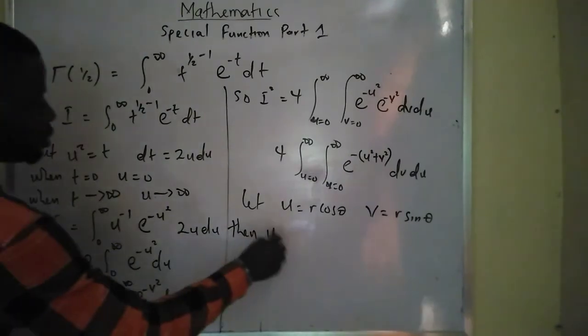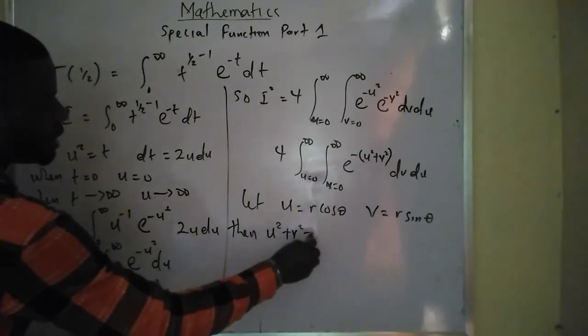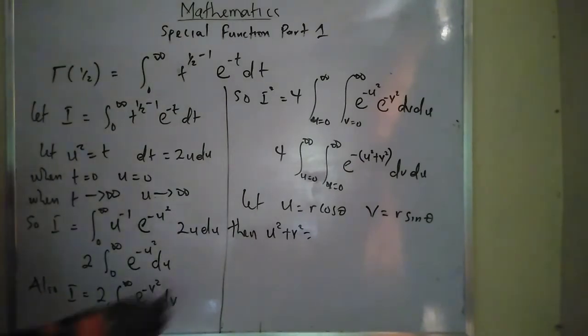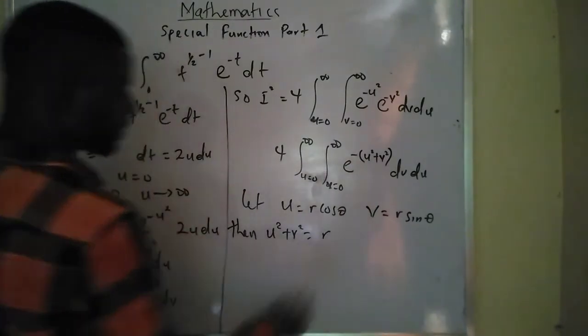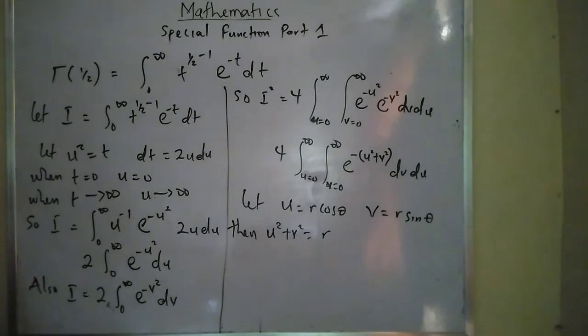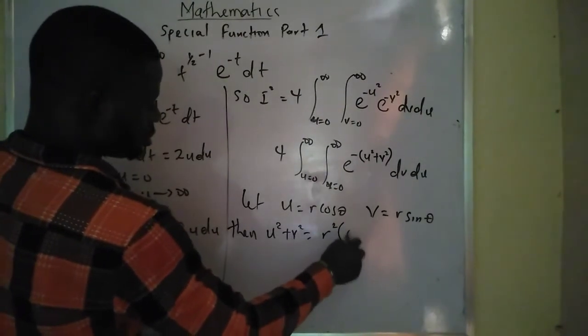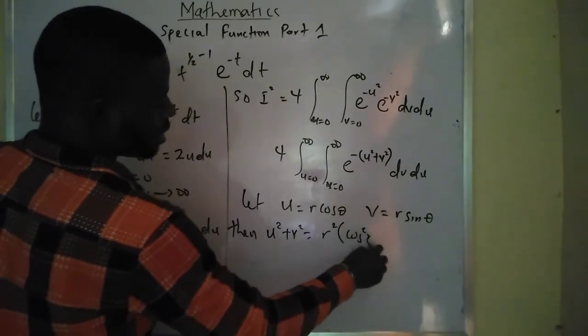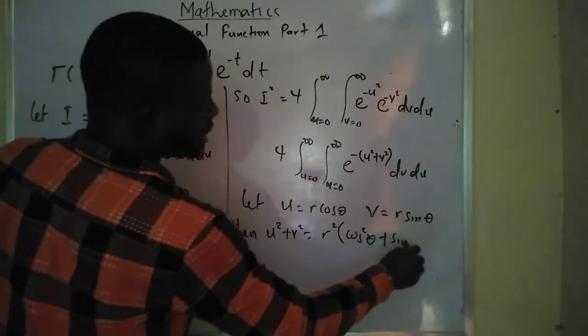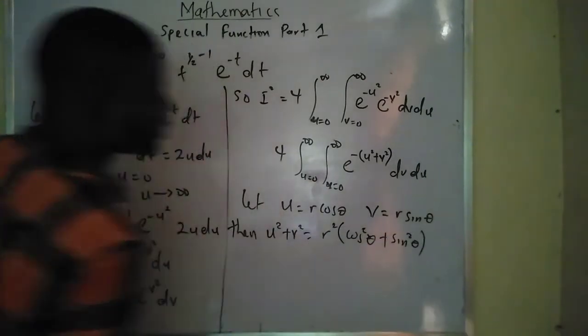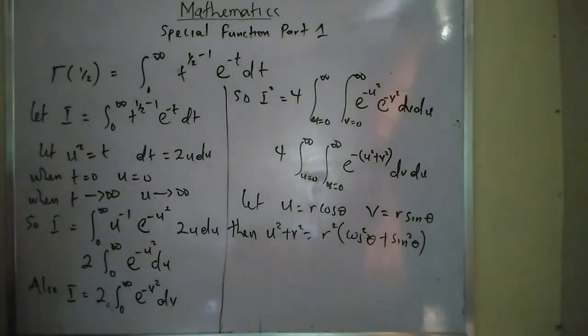I can say that u squared plus v squared equals r squared (cos squared theta plus sine squared theta), which gives back 1, so we get r squared.